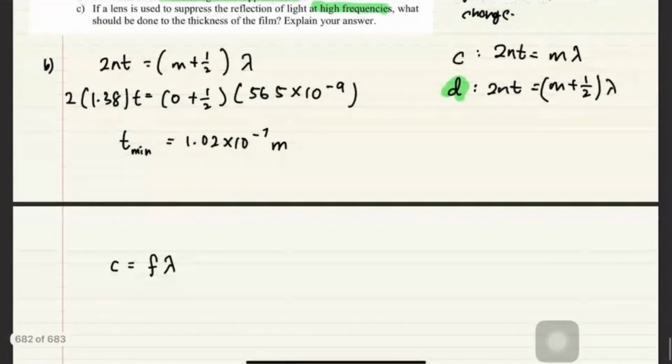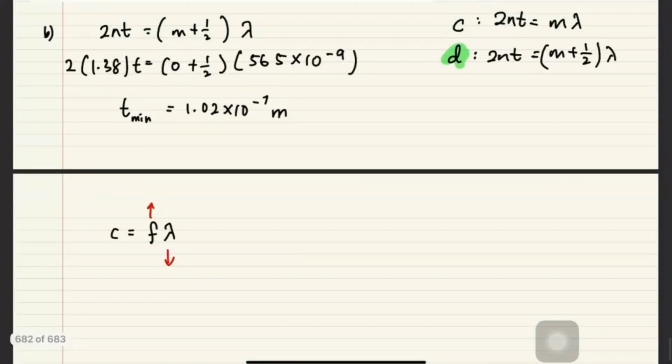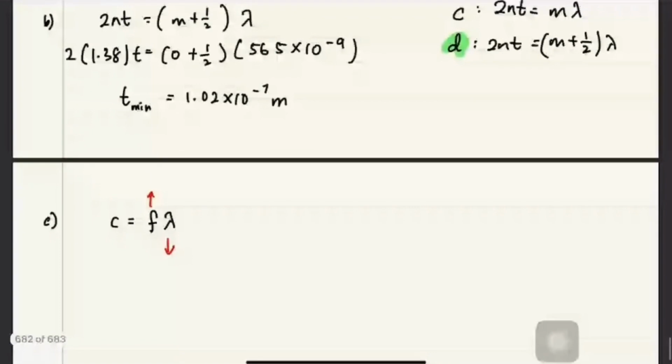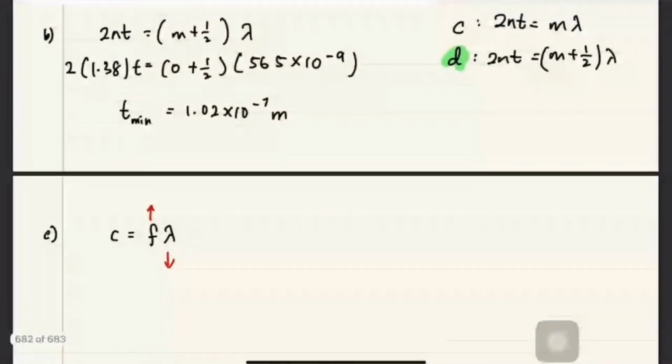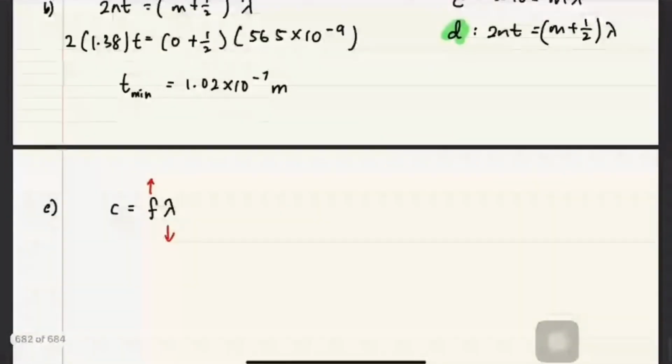So kalau C itu constant, if F is increasing, that means lambda is decreasing. Okay, so if I want to have the same condition, maksudnya the suppressed light tu saya nak sama juga lah, thickness tu nak jadikan apa kan. So from the equation yang atas tadi tu, atas tu still destructive so equation yang sama lah.